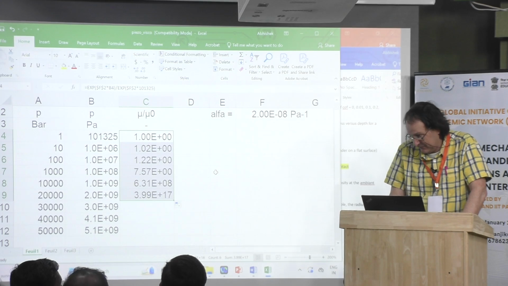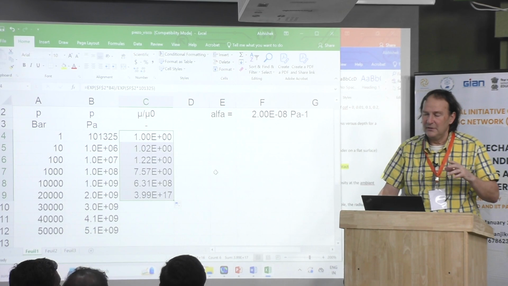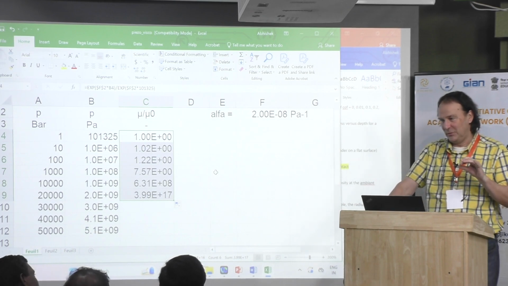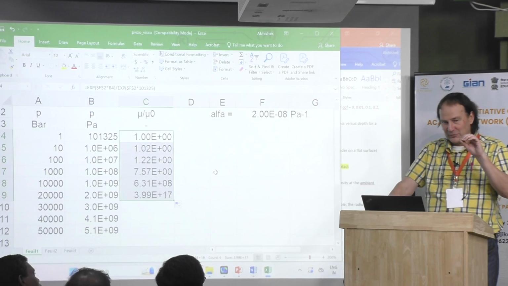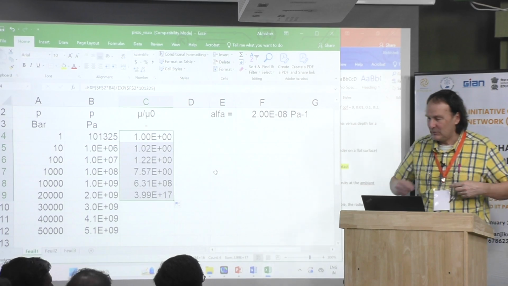There is another way to look at that. In fact, for example, if you calculate the elastic deflection between a ball and a flat surface, and you compare the elastic deflection to the film thickness change due to the pressure, this is what we will do now.